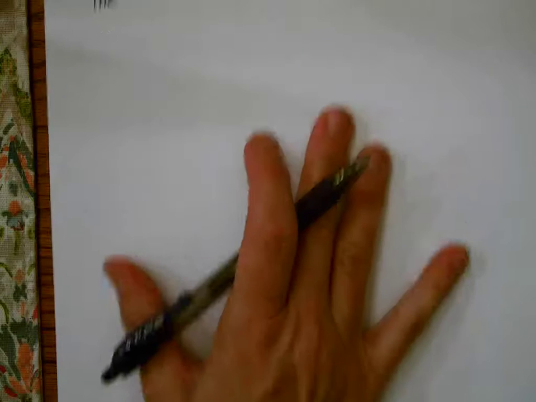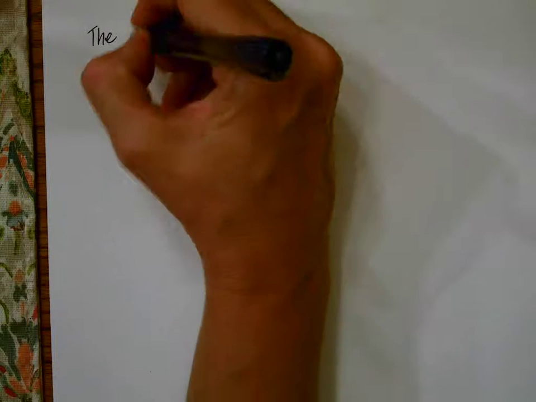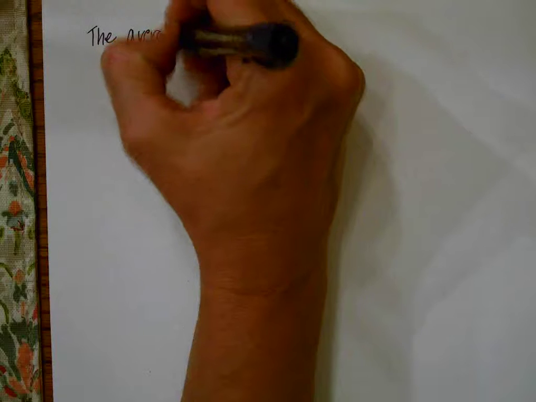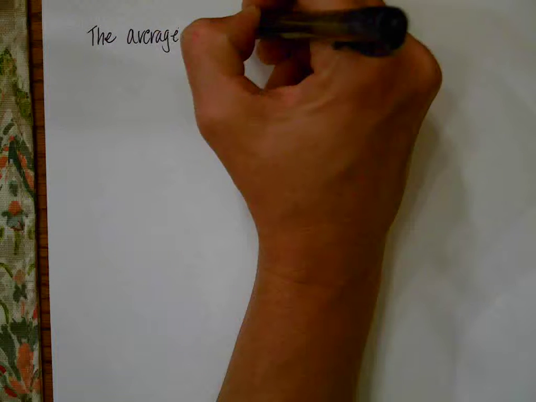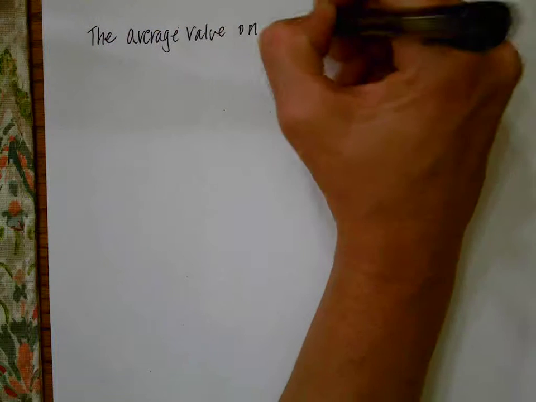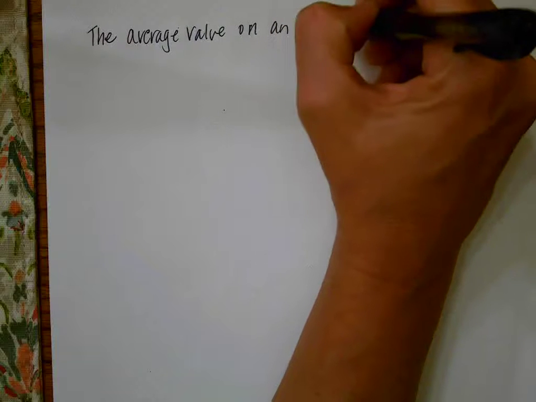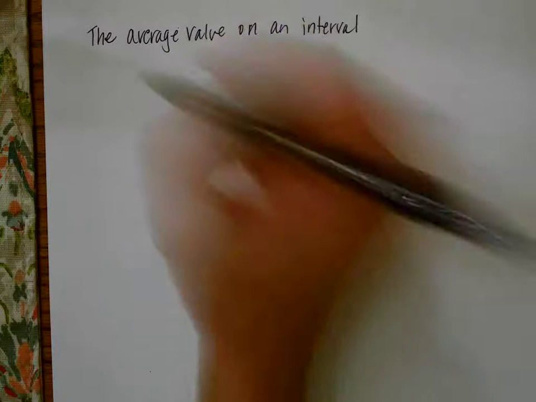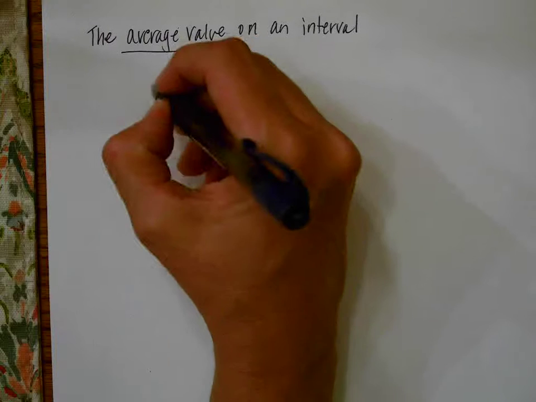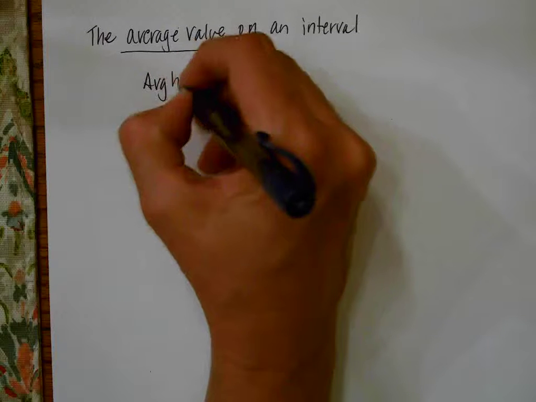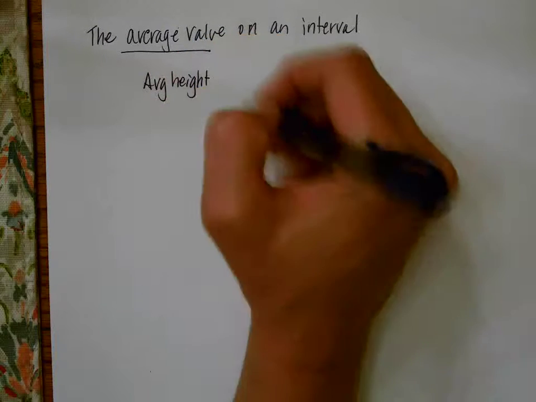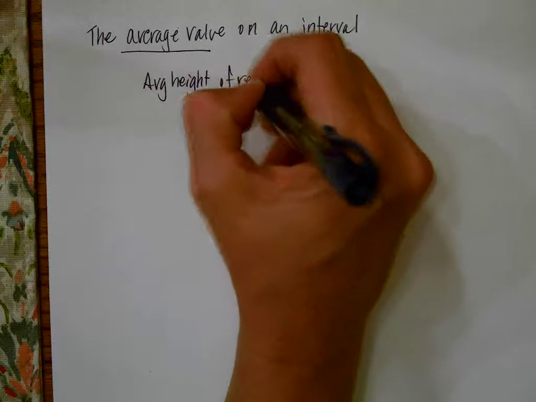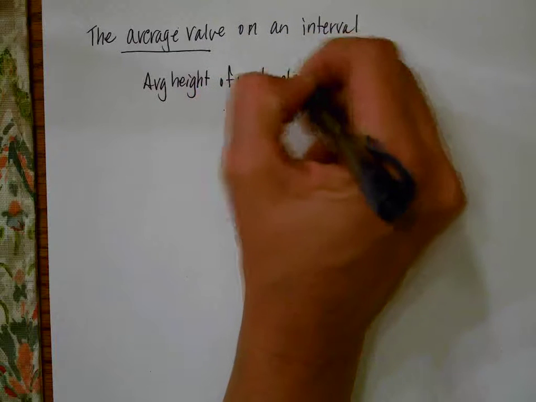All right. Another thing that's really important to remember is the average value. The average value on an interval, and without proving it like we did last year, if I think about the average value, that might be the average height, because remember we're talking about summations of our rectangles.